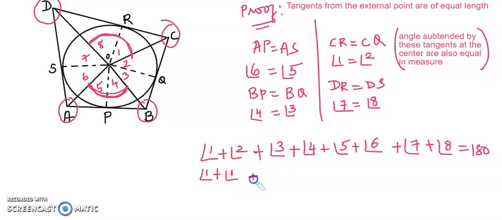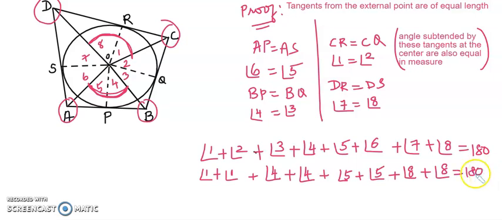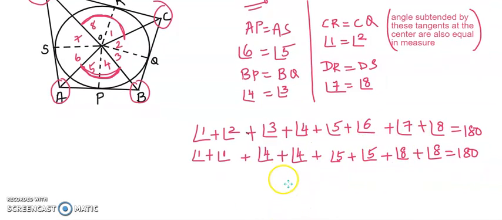Then I'm replacing angle 3 as angle 4, keep the 4 as such, keep the angle 5 as such, angle 6 will be replaced by angle 5, angle 7 will be replaced by angle 8, and angle 8 stays as angle 8. What is my key point here? I'm trying to make 5 plus 4 plus 1 plus 8. So I've shifted 2, 3 and 7, 6 to those angles. So 2 is equal to 1, 3 is equal to 4, 6 is equal to 5, and 7 equals 8.